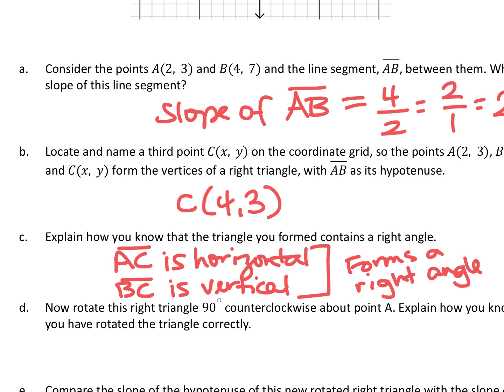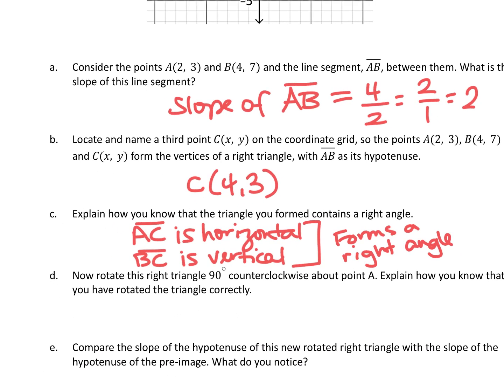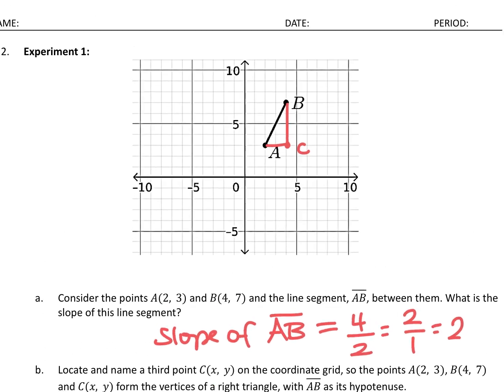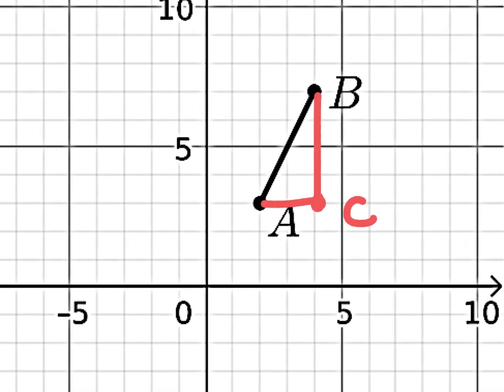Okay. Now what they want us to do is rotate the right triangle 90 degrees clockwise about point A and explain how we know that we rotated it correctly. So let's go over here and we're going to do a 90 rotation counterclockwise. So we're going to the left.